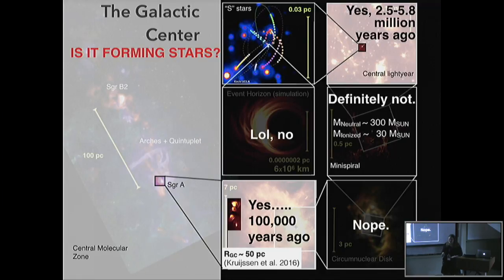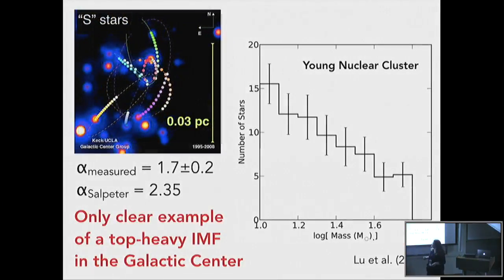Focusing on those S stars, because they are really interesting, the central nuclear young cluster here. This is the only clear evidence that we have in the galactic center of star formation actually being weird, because maybe the conditions themselves are, in fact, as we know, the gas conditions are quite weird. So here, again, the stars that formed 0.03 parsecs away from the black hole, here you actually see evidence for a top-heavy IMF.